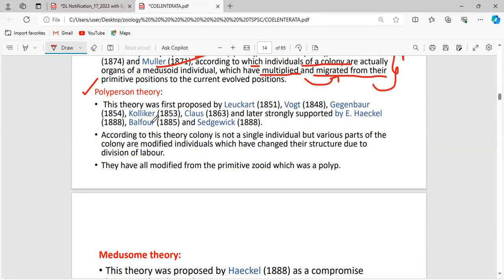How they are proving, that is the theory. We know that this is not a single individual. They are going to give different types of forms, different types of individuals. But various parts of the colony are modified individuals.